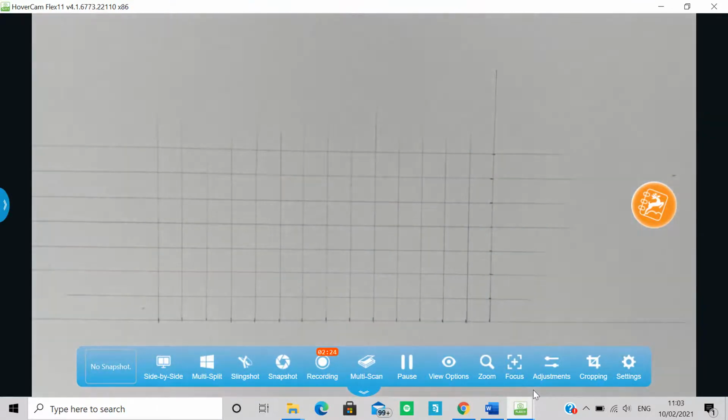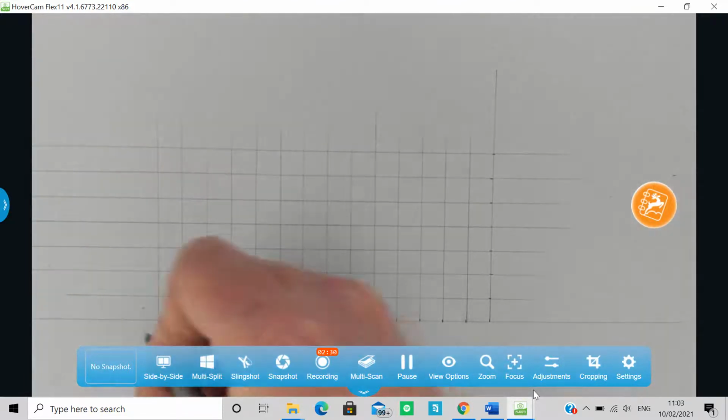Okay, so there's my grid drawn. Next thing, locate my points. Look at the question sheet and mark them on your drawing sheet.